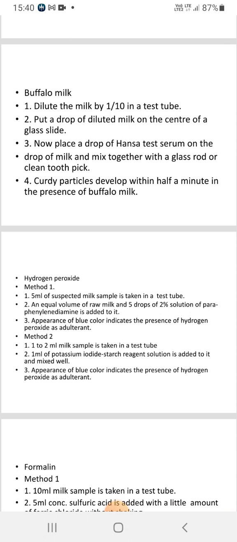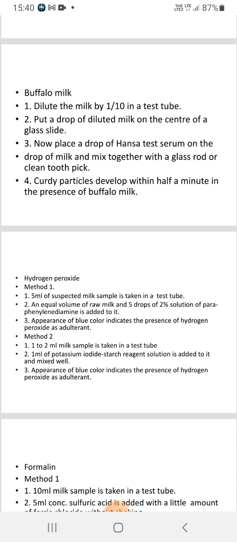You will be surprised to know that there are so many chemicals which are added to milk which we drink, like hydrogen peroxide, which is used basically for cleaning wounds, is also added to milk sample sometimes. For what?